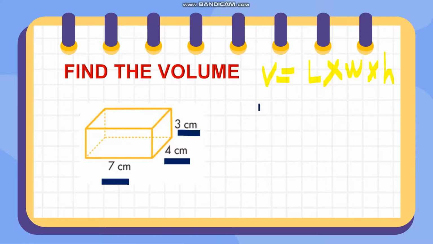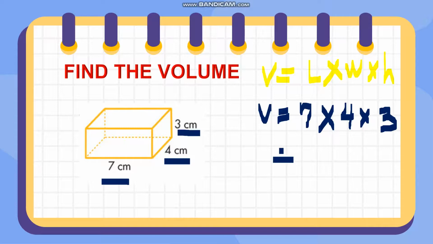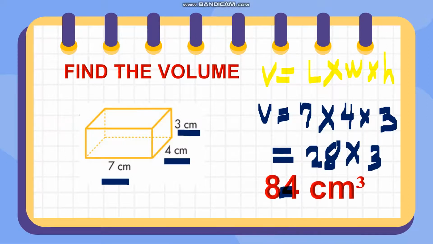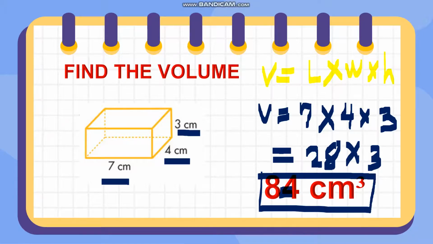In short, volume is equivalent to 7 multiplied by 4 multiplied by 3. 7 multiplied by 4 is equivalent to 28, and 28 multiplied by 3 is equivalent to 84. The answer is 84 cubic centimeters or 84 centimeters cubed.